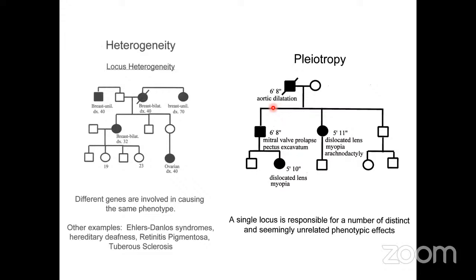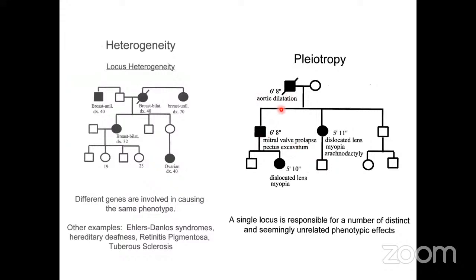A single locus responsible for a number of distinct and seemingly unrelated phenotypic effects. For example, Marfan syndrome. Here, the index patient is short, 5'10", with dislocated lens and myopia. Whereas his father is tall, with mitral valve prolapse, pectus excavatum, no dislocated lens.